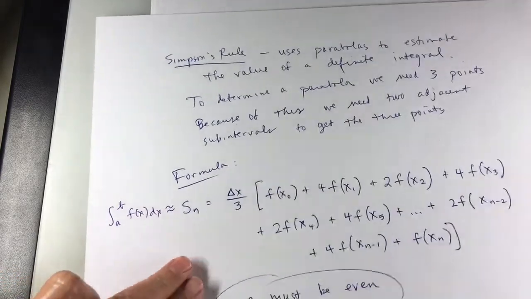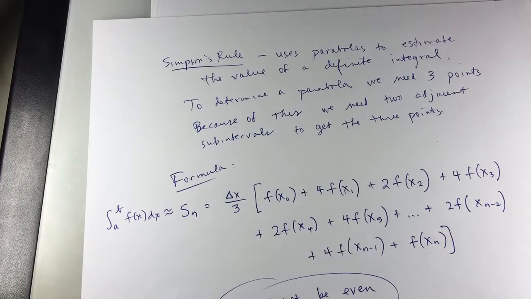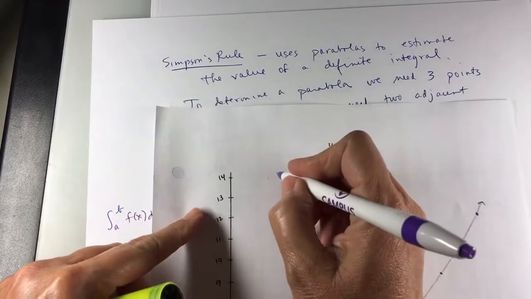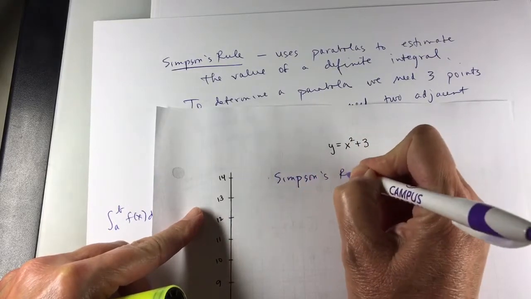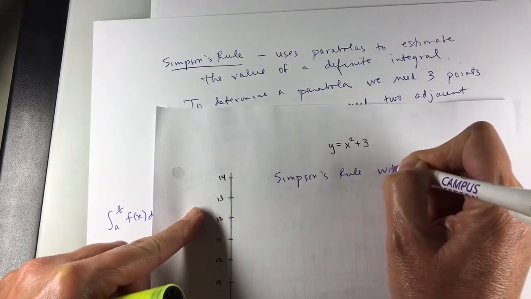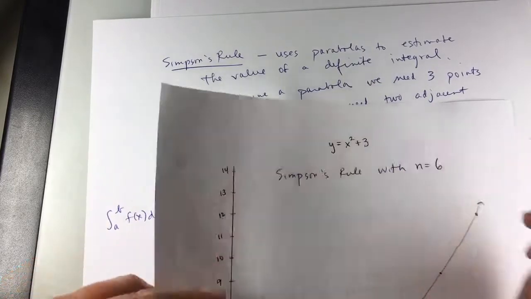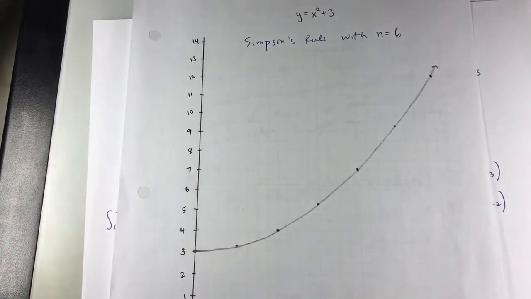So for my graph I have going on here, we're going to do now Simpson's rule with n equals 6. But that's going to be 3 parabolas.